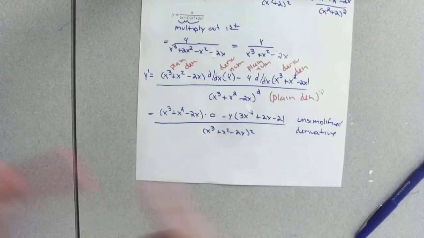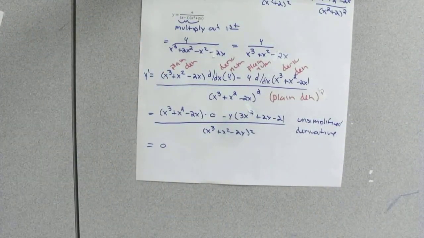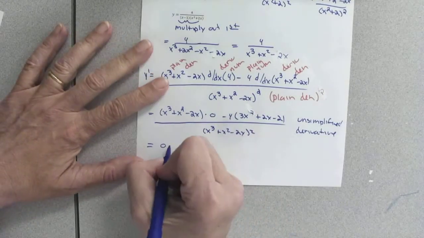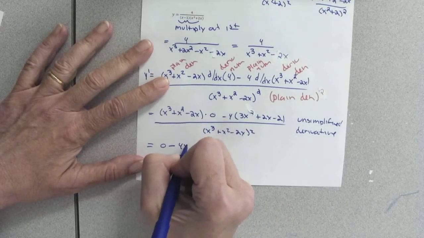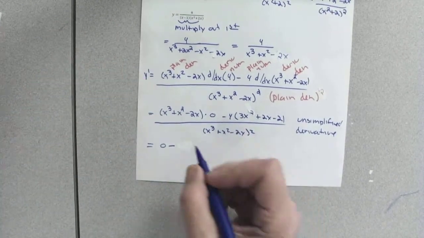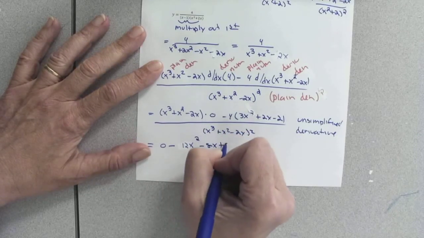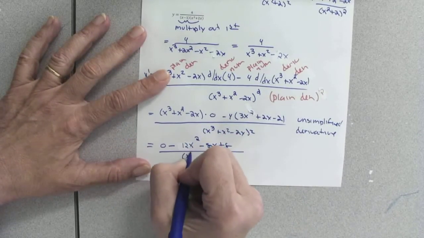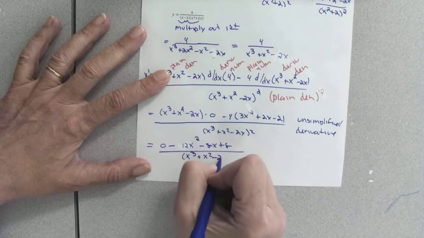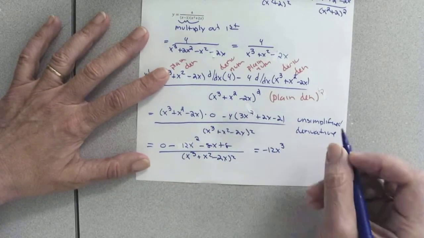Simplifying, since I'm multiplying 0, all of that first term is 0. Then distributing that negative 4, that's going to be minus 12x squared minus 8x plus 8 all over x cubed plus x squared minus 2x quantity squared.